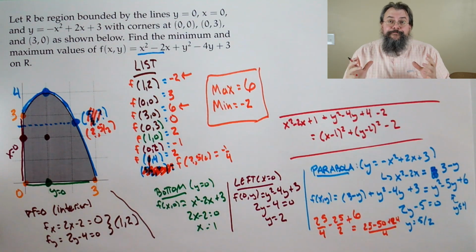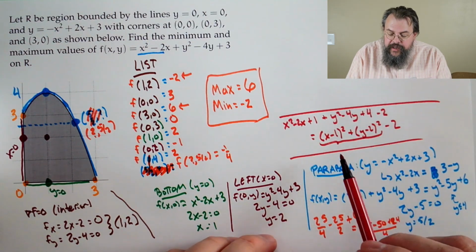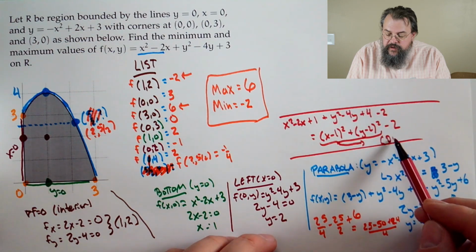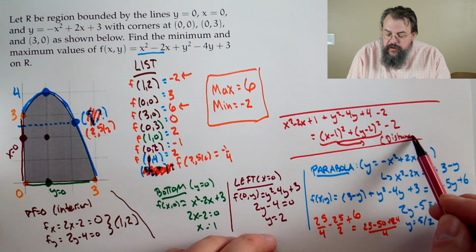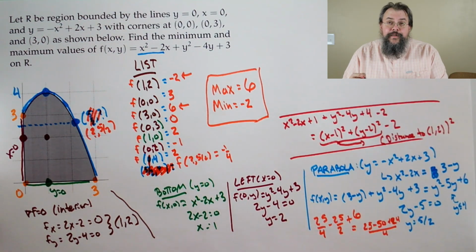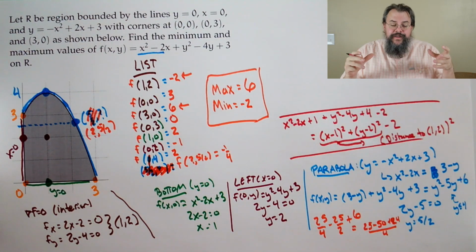Now what's the point? Well, think about what this is really measuring. It's looking at our distance to the point 1, 2 squared. Because if you see x minus something squared and y minus something squared, that's like a distance formula.